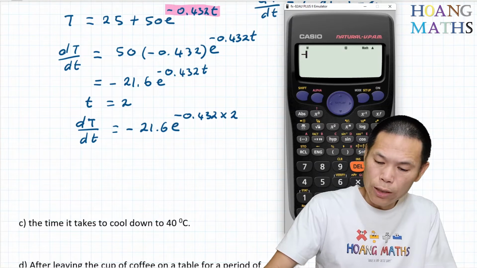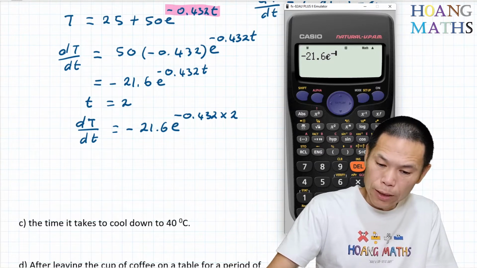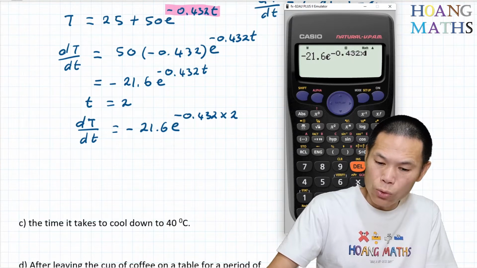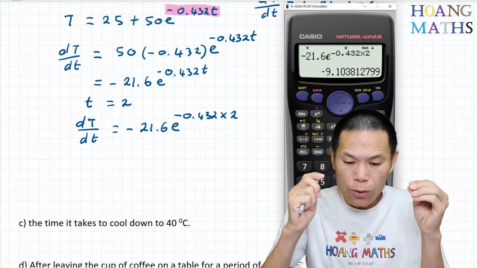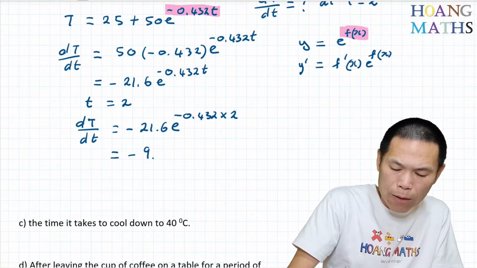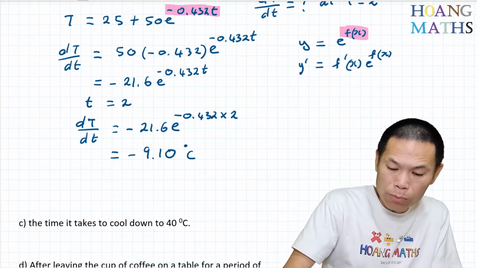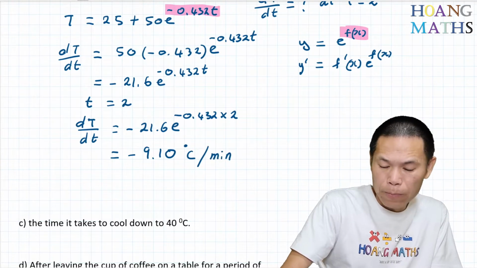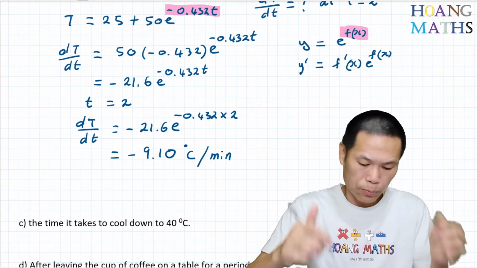So I just go negative 21.6 and shift e power of negative 0.432 times 2. So there you go. Negative 9.10 will do. So that is equal to negative 9.10 degrees Celsius per minute. That is the rate at t is equal to 2.